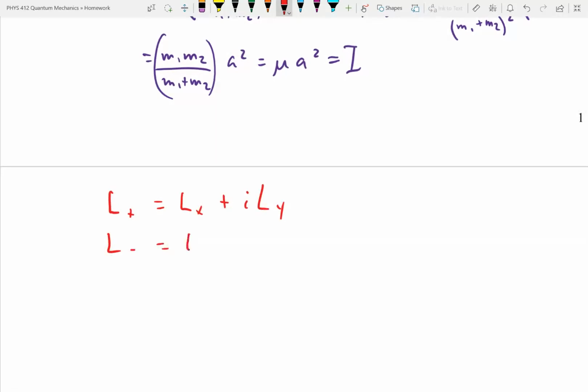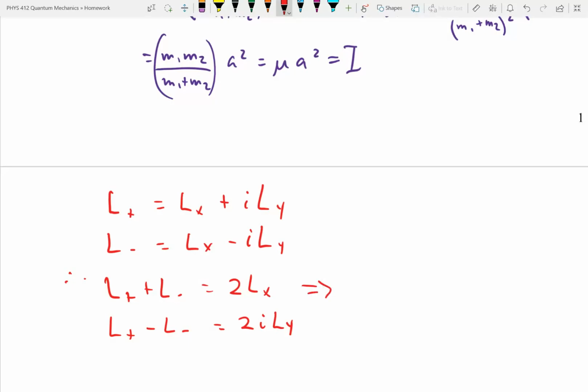L minus is equal to Lx minus iLy. Therefore, L plus plus L minus is equal to 2Lx, and L plus minus L minus is equal to 2iLy. Therefore, it's not expectation value.